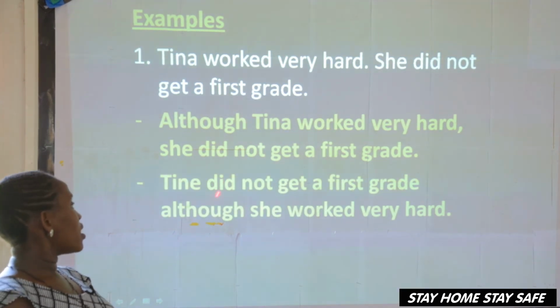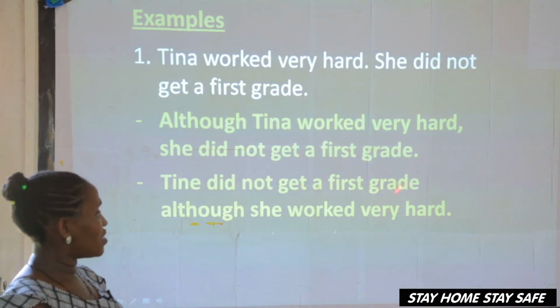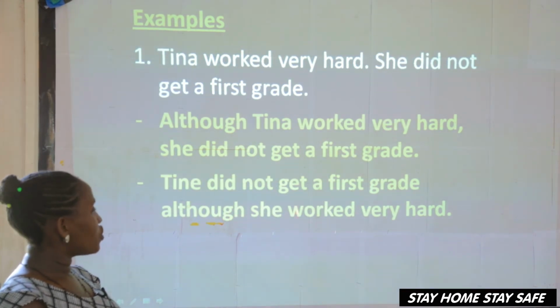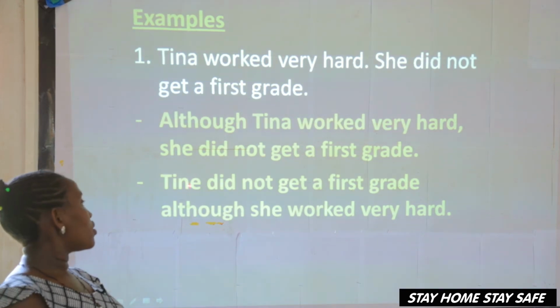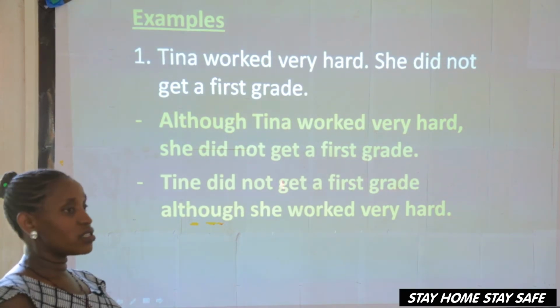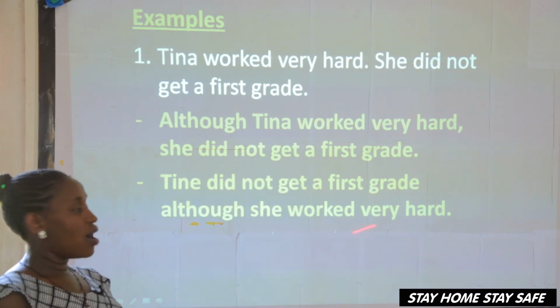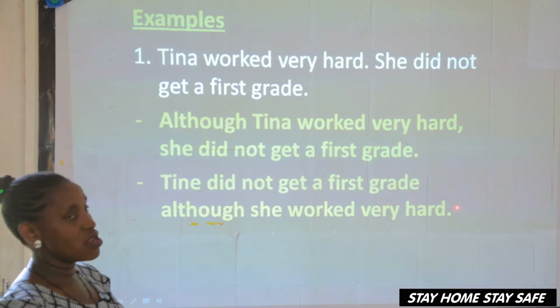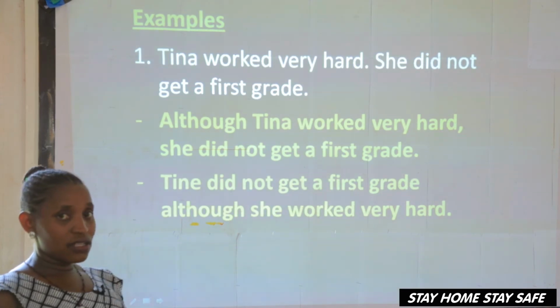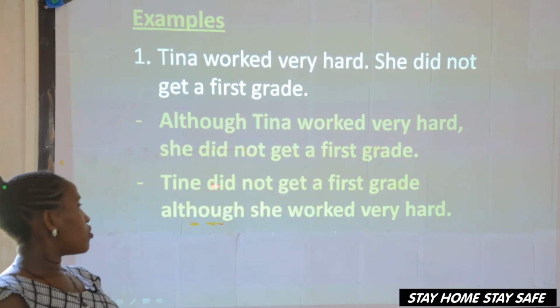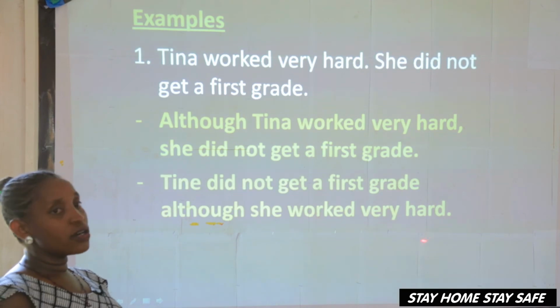So here we are saying, Tina did not get a first grade, although she worked very hard. This is the result. The result was heartbreaking. She didn't get a first grade, however much she worked very hard. So although within the sentence, now there is no comma, but still we begin with the result and then the condition.